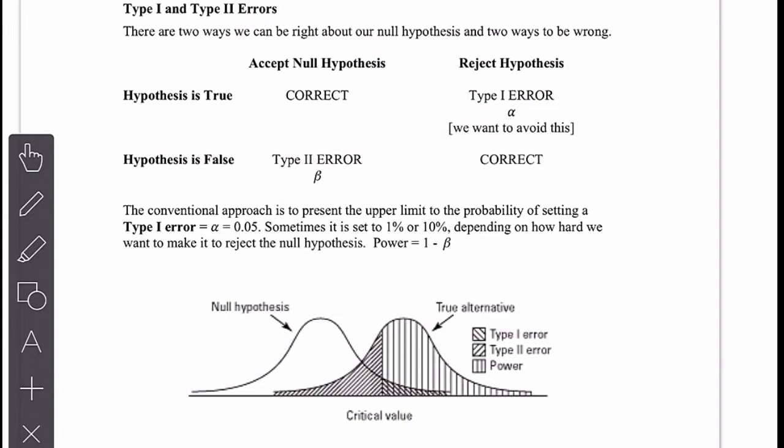We want to make sure that we are rejecting a false null hypothesis. In other words, what we really want to do is increase the power. Power is a measure of 1 minus beta. So these are some of the terminology. I don't test you on any of this, but this is the terminology used around hypothesis testing.